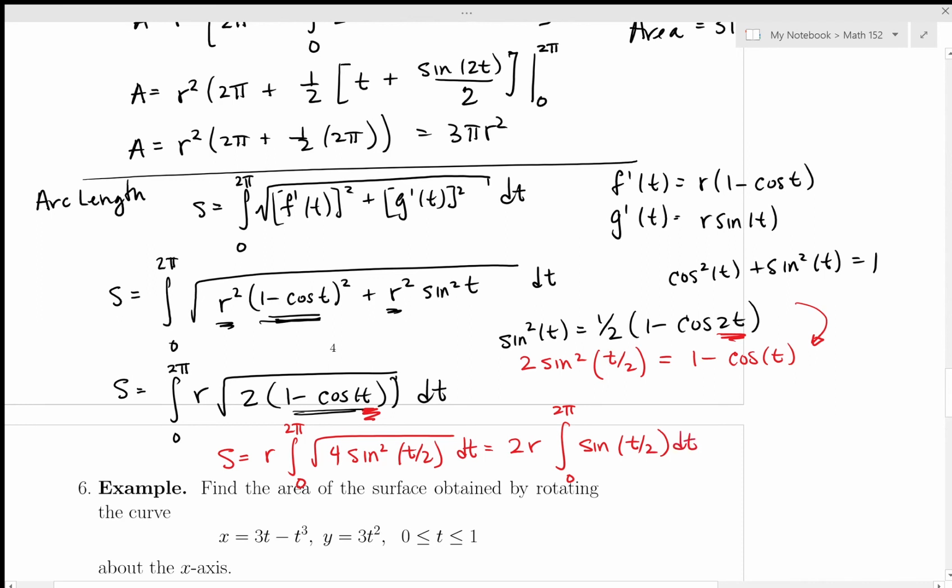I can integrate that, and I will leave those details to you because you know how to integrate this, and so this is also just practice. You will find that this comes out to 8r. So the arc length of one arch of the cycloid is 8r.